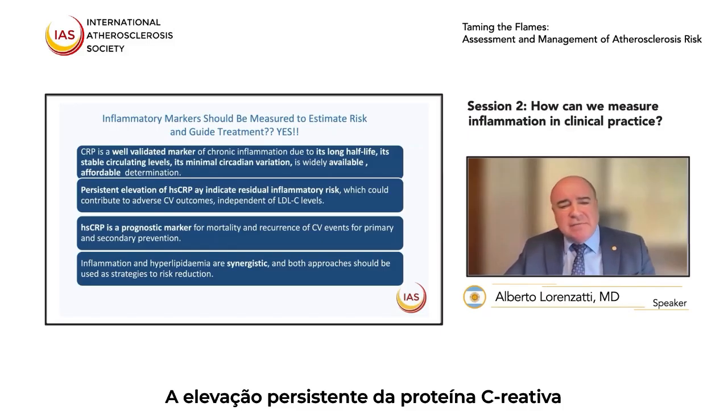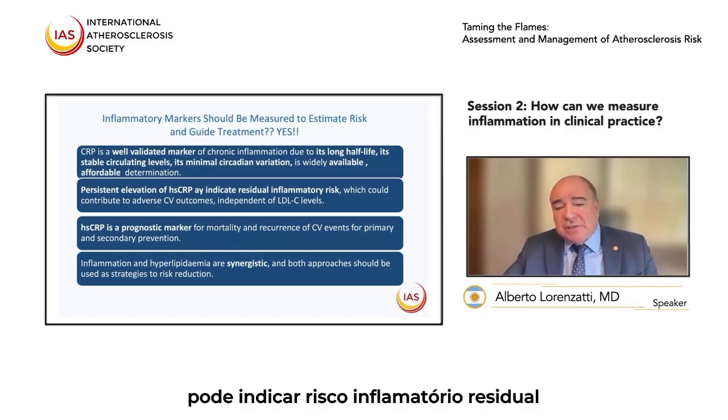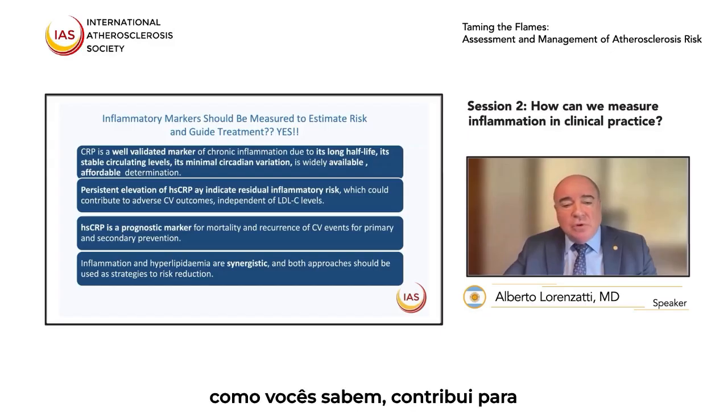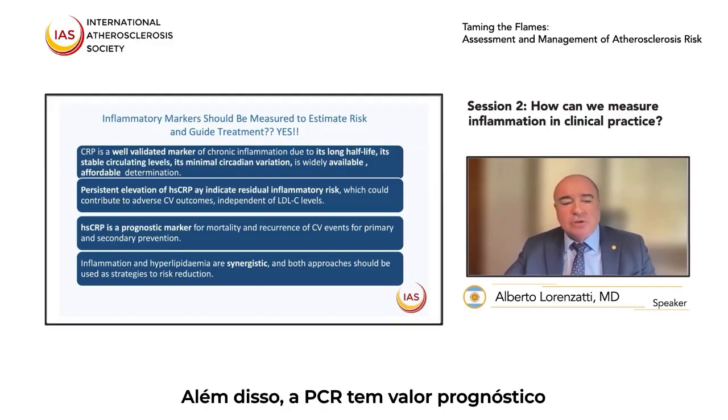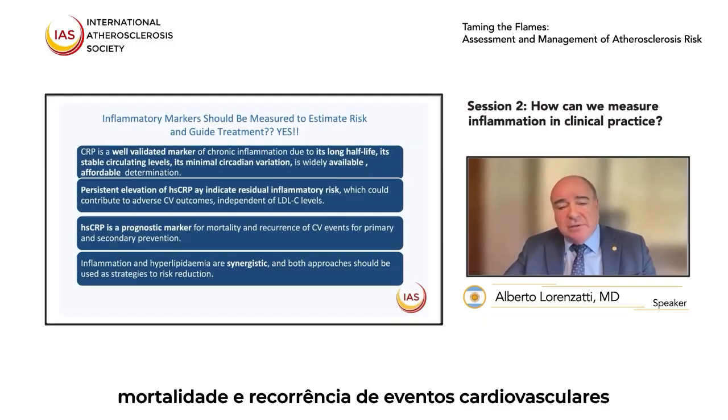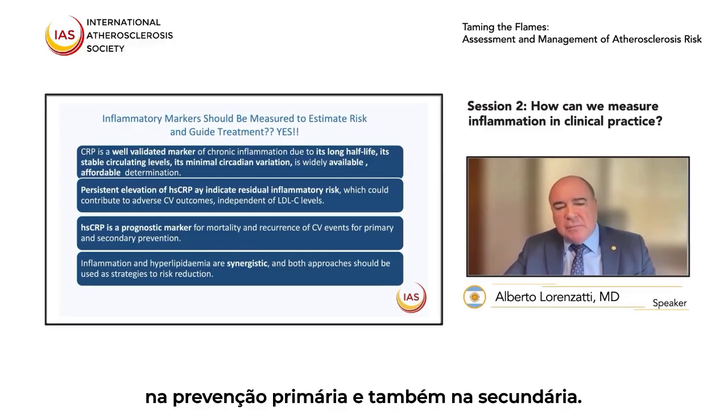The persistent elevation of C-reactive protein may indicate residual inflammatory risk that contributes to MACE independently of LDL level. Also, CRP has a prognostic value for mortality and recurrence of cardiovascular events in primary and also in secondary prevention.